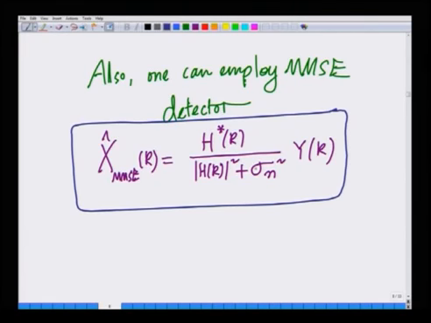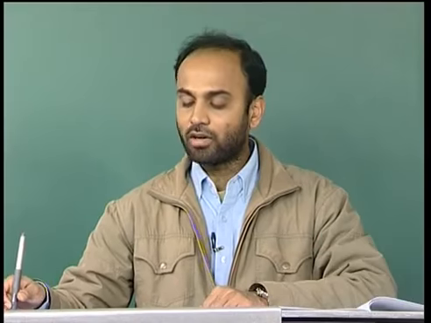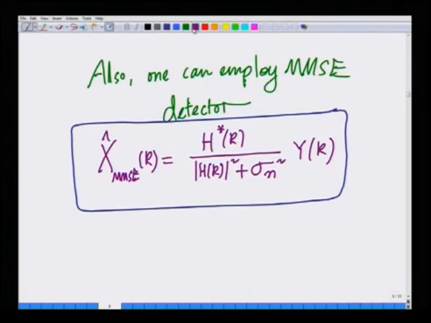Now you can see at high SNR it reduces to the zero forcing receiver, which is h conjugate k divided by mod hk square, which is nothing but 1 over hk. At low SNR this is simply h conjugate k divided by sigma n square, which is nothing but the matched filter. Hence this is the same thing we have seen in the case of MIMO. So this is optimal at both high SNR and low SNR and doesn't result in noise enhancement.